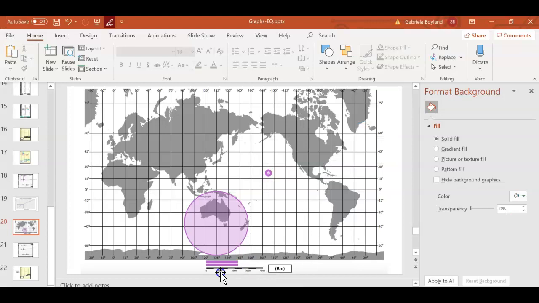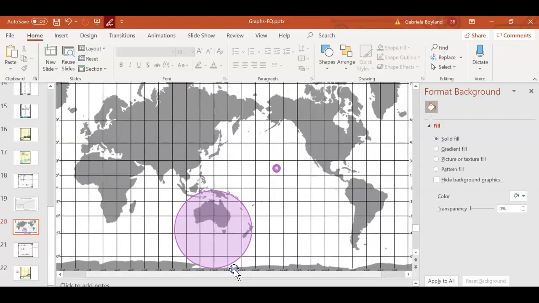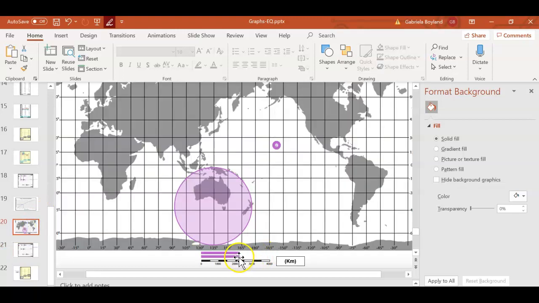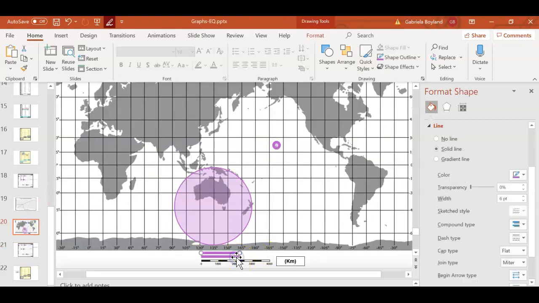Here below you have a scale of a total of 4,000 kilometers. I want 2,400. I already measured that for you, as you're seeing there below. So this is about 2,400. That is the radius that I want to use for my circle to do the triangulation.